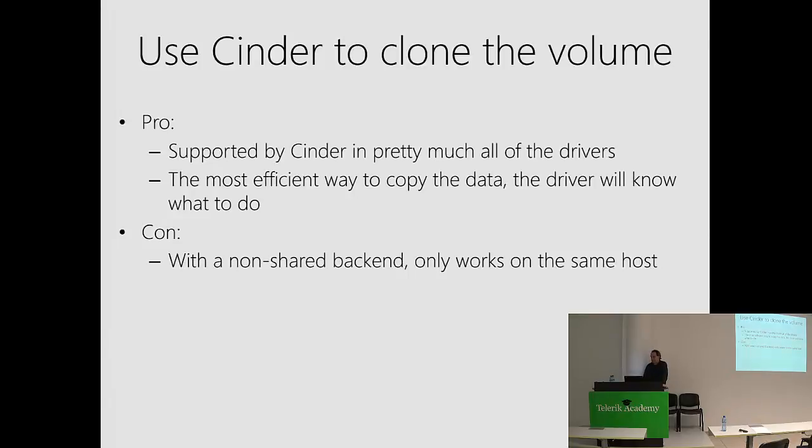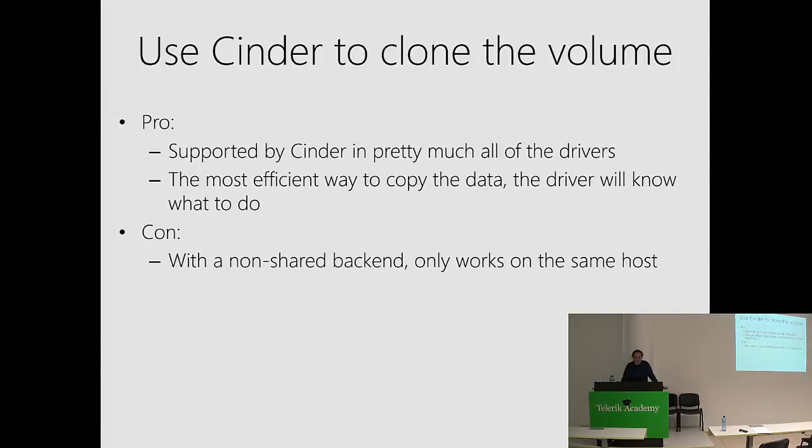If the task is to create a copy of the volume on the same volume backend, then sometimes there is a way to ask Cinder to actually clone the volume, and some storage backends make this very easy, basically an instantaneous operation.